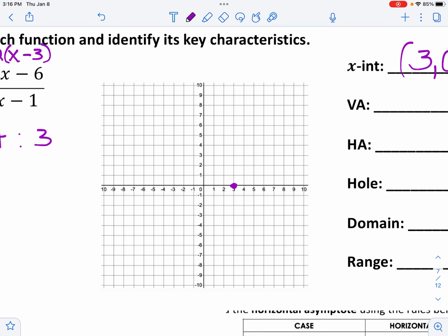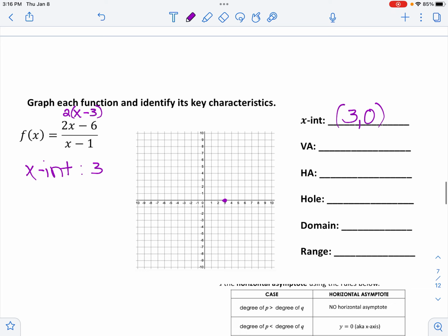And then when is the denominator equal to 0? That's your vertical asymptote. That's going to be when x is equal to 1. You may start working on domain there. If you have a hole, though, that'll be a little bit different, so you might want to wait on that.